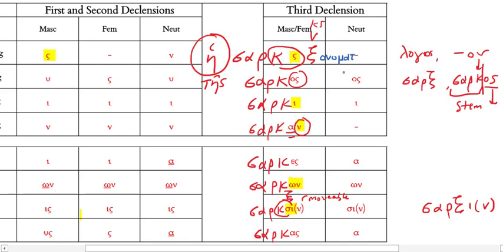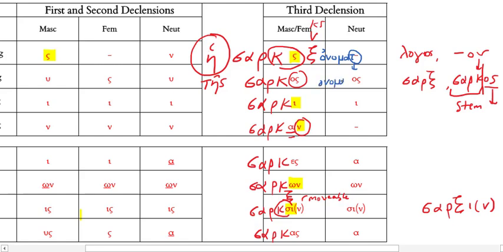It's onomat. Okay? That's the neuter word for a name. Notice that I'm going to add no case ending here. Okay, so the case ending is zero. One of the things that we're going to learn is that final tau will not stay put in Greek, and it will drop out. Okay? And so I'm going to be left with onoma with an alpha there. Okay? We're going to go over this in a minute.